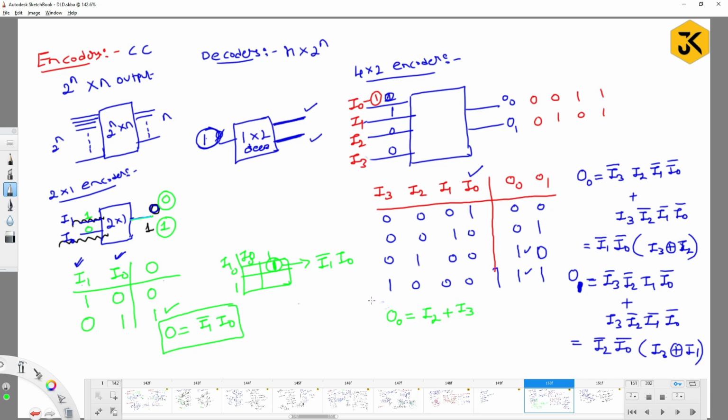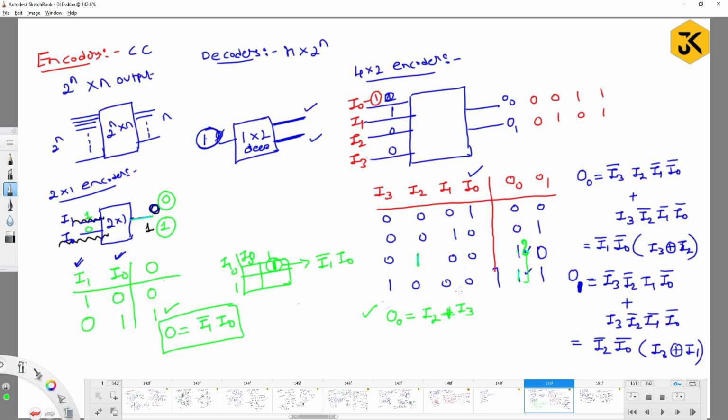How did you get that? Because you are going to get the output as one for the cases when I2 is 1 and all the other cases are 0. OR means what I have mentioned as plus. Plus is the OR operator. And you are also going to get it when you have I3 as 1. So O0 can be expressed as I2 or I3.